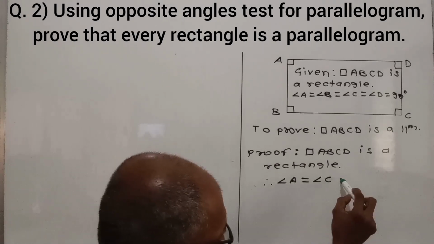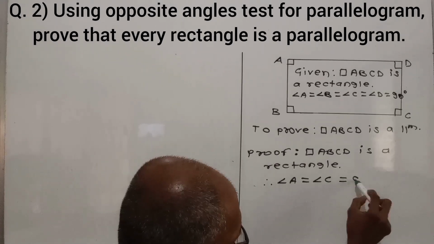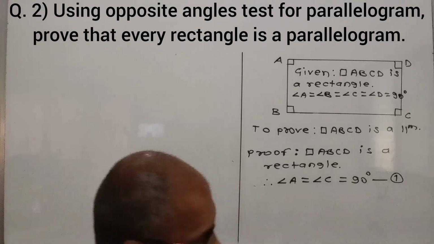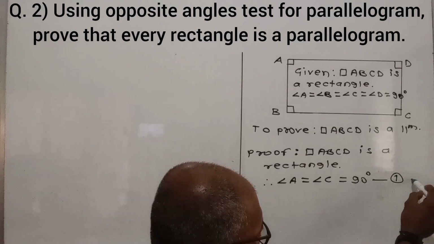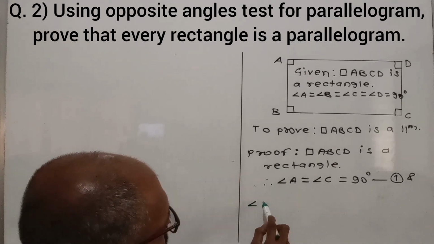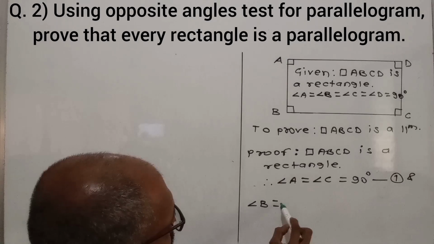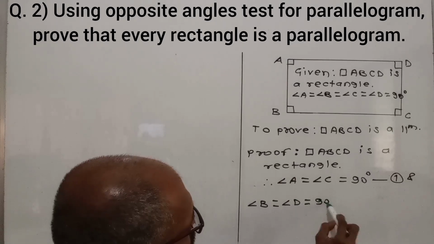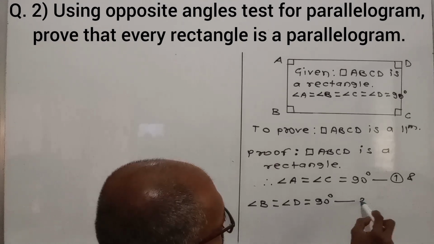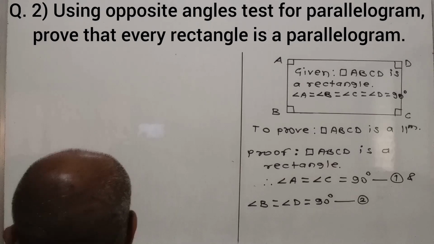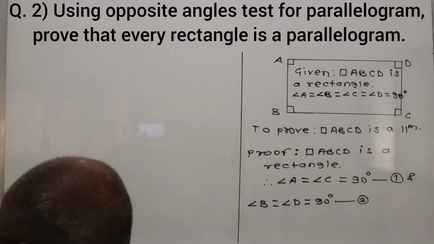Angle A is equal to angle C is equal to 90 degrees. Equation number 1. And angle B is equal to angle D is equal to 90 degrees. Equation number 2.